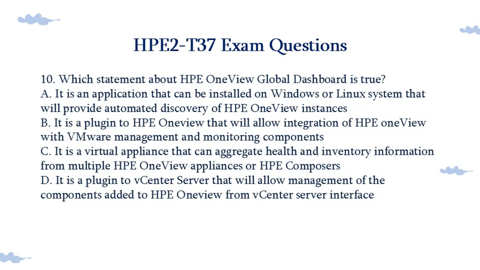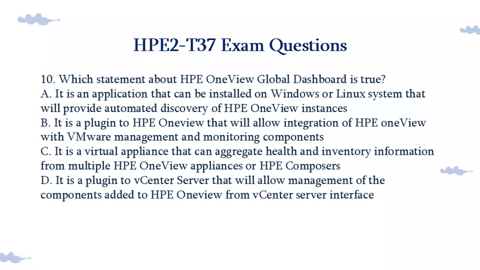10. Which statement about HPE OneView Global Dashboard is true? A. It is an application that can be installed on Windows or Linux system that will provide automated discovery of HPE OneView instances. B. It is a plugin to HPE OneView that will allow integration of HPE OneView with VMware management and monitoring components.